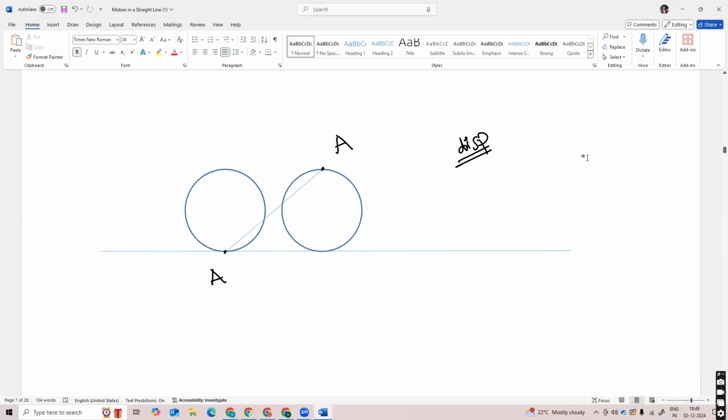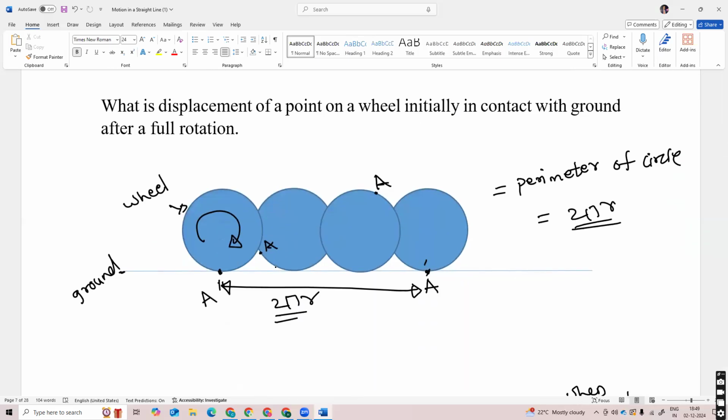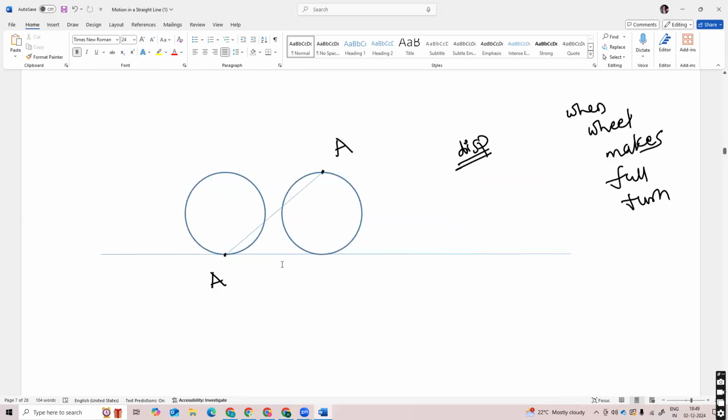So as you have seen, when the wheel makes a full turn, the total distance traveled by that vehicle across the ground is 2 pi r. So when it makes a half turn, the total distance is equal to half of the perimeter, that is pi r.